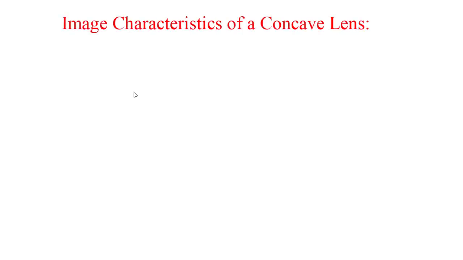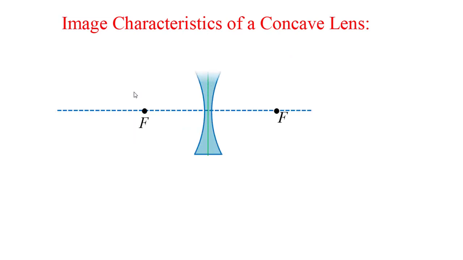Now let us move on to the image characteristics of a concave lens. And this is a concave lens. If we place the object here, this ray is refracted as if the ray is originally coming from the left focal point, that is from that point.